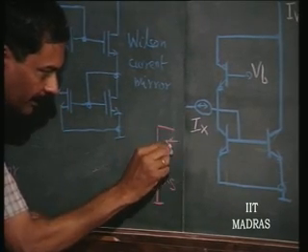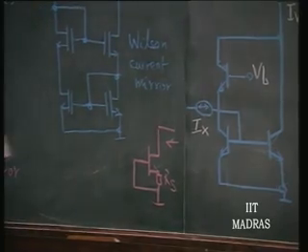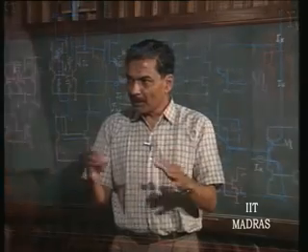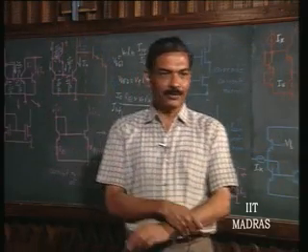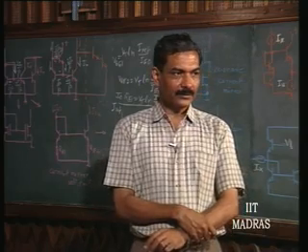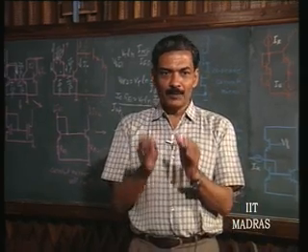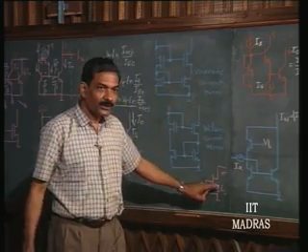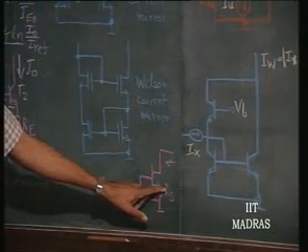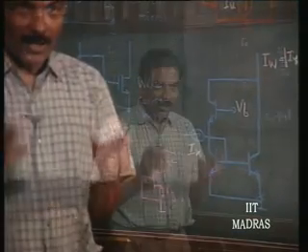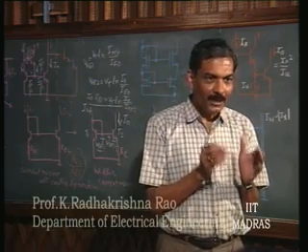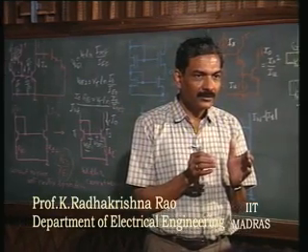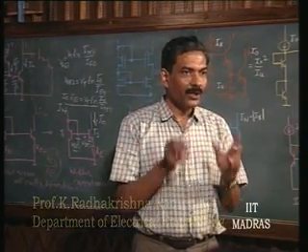What will be the output impedance of this structure now? The current can be made different depending upon RS. What will happen to the output impedance? Do you remember this? If the original output impedance is RDS, what happens to the output impedance when there is source degeneration? By how much will it improve?